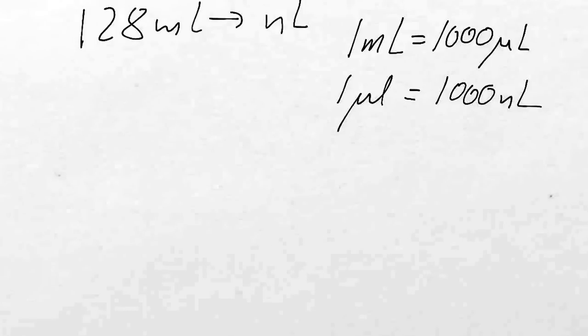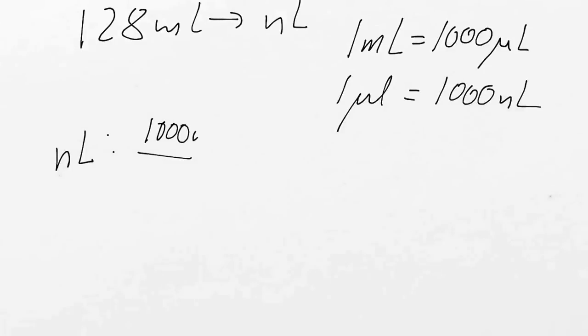How you do that? So what you simply do is, okay, what do I want? I want my nanoliters. I want to convert that into nanoliters. So do I have in my given anywhere nanoliters? Yes, I do. I have 1,000 nanoliters in 1 microliter. Nanoliters is good because that's what I want, but the microliter is a nuisance.